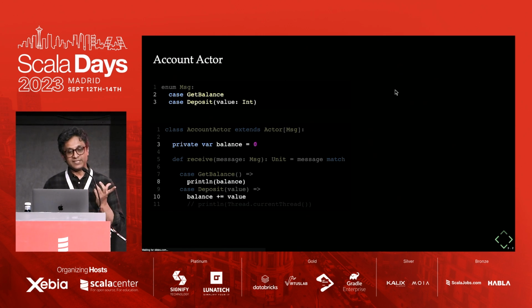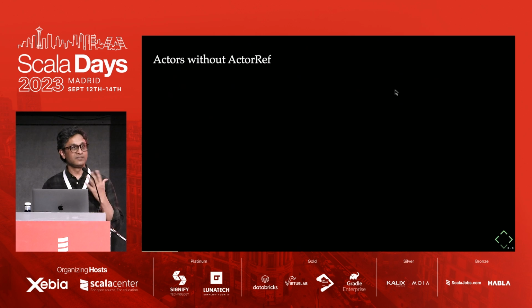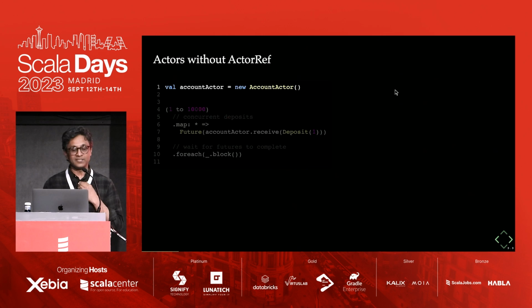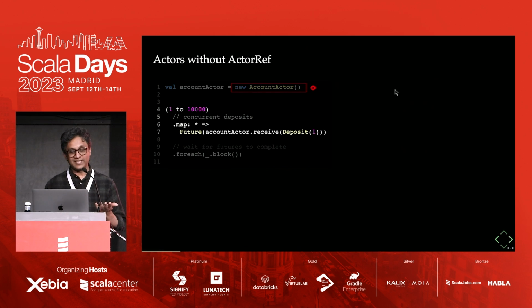But if we just do this and don't create an ActorRef mechanism to access it, then that is meaningless, because someone will be able to instantiate this class, which is not correct. And if they instantiate the class, then they will be able to call the receive method directly, which is not good.